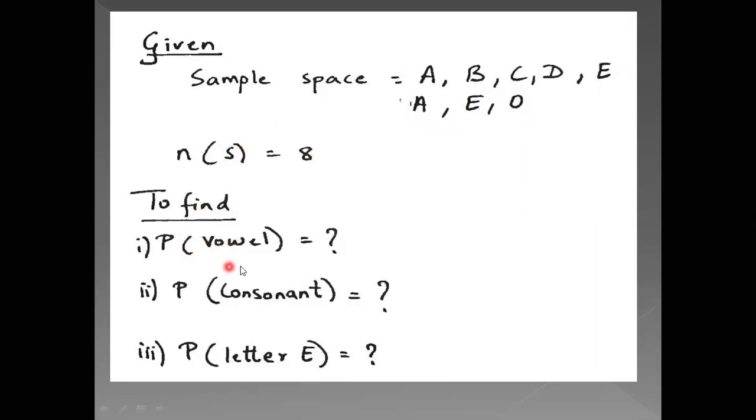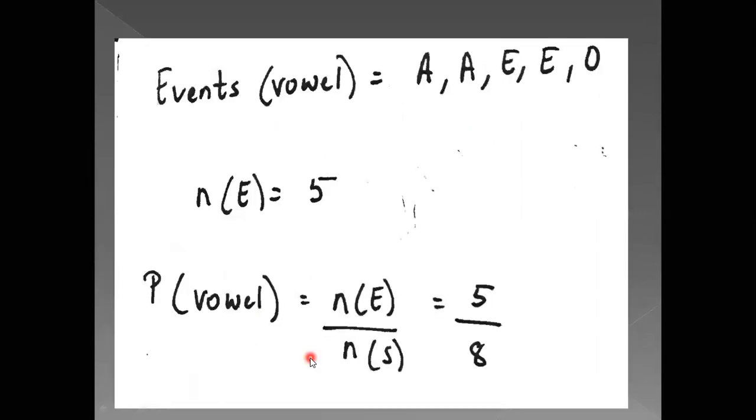To find probability that it is a vowel, to find probability that it is a consonant, and to find probability that it is a letter E. So first event, vowel. So as you can see, it's vowel. So A, E, and O. These are the vowels. So you can see 1, 2, 3, 4, 5.